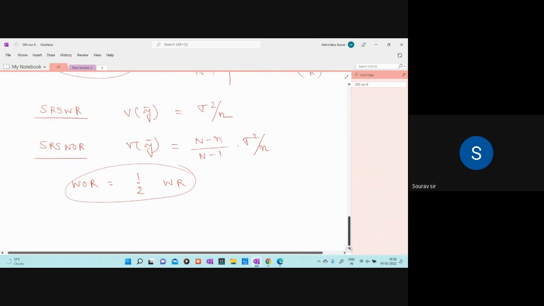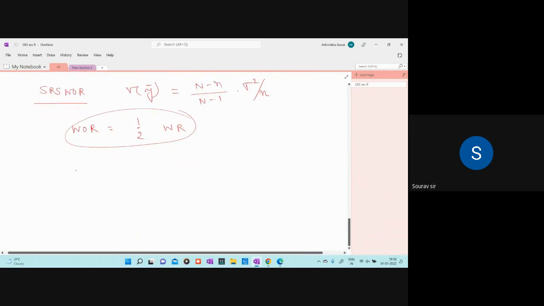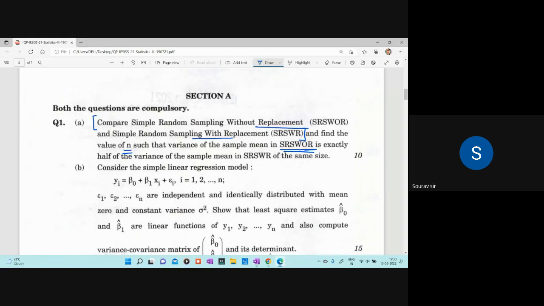I'm just writing it because I can't access the question and this together. So basically variance under SRSWOR of y bar is half of variance of y bar under SRSWR. Am I right as per the condition? Please read the question carefully and confirm. Yes, ma'am.